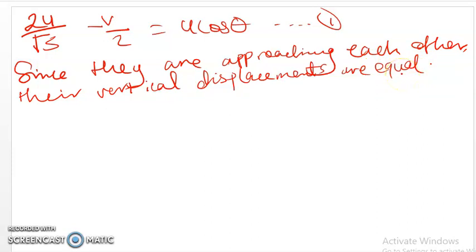So if these 2 points Q and P are approaching each other, we can say that their vertical displacements are equal. Vertical displacement, if we use the sine rule, we know that vertically it will be v sine theta minus v sine 60. So we are simply referring to v sine theta. This will be equal to, because they are equal, v sine 60 degrees.